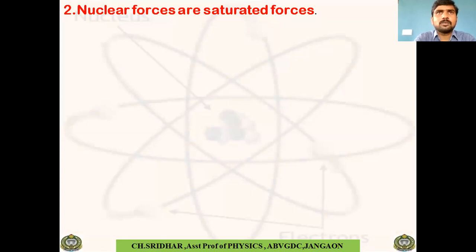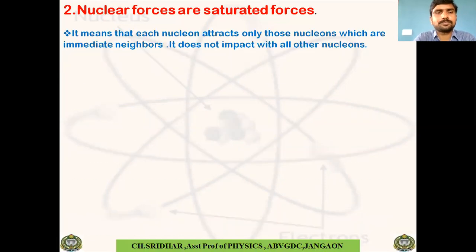One nucleon interacts with its neighbor in the neighborhood, and it won't interact with all the nucleons. Only one nucleon interacts with another nucleon, and it won't interact with the rest of the nucleons in the nucleus. So a one-to-one interaction exists, which means the forces are saturated forces.